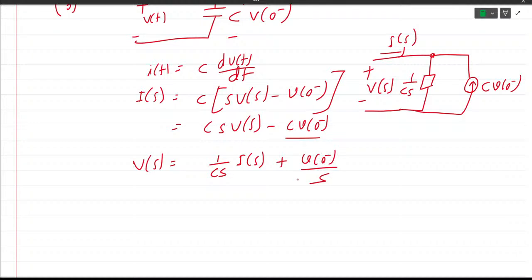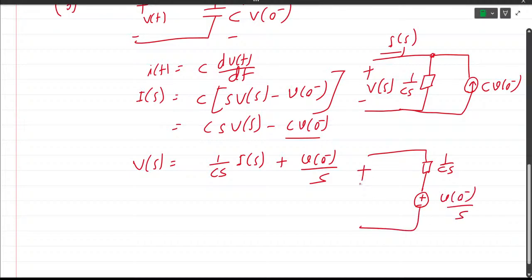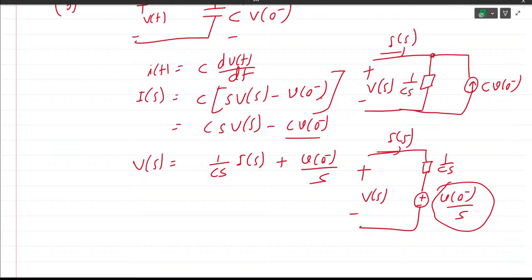So you can represent it like this: 1 upon Cs and a voltage source with the same polarity but a different transform. It is plus V(s) and this is your I(s). So you can see that this is the voltage transform of the initial voltage V0 minus.